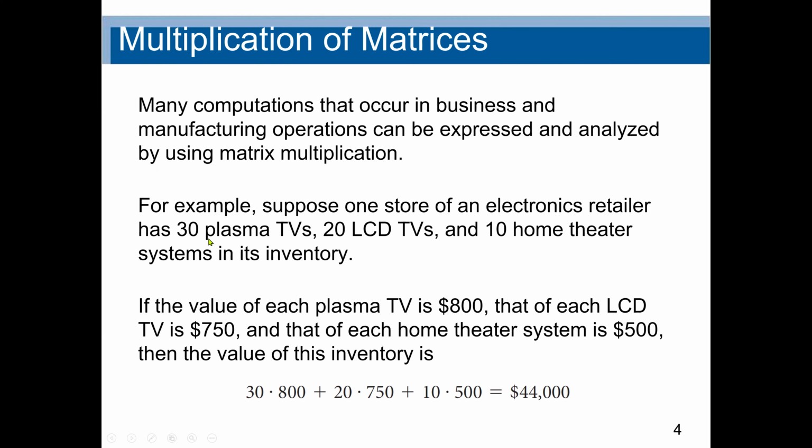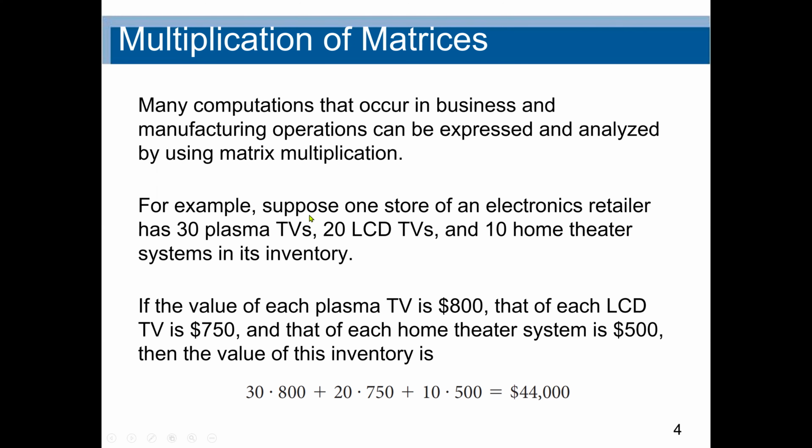And here we say many computations that occur in business and also manufacturing operations can be expressed and analyzed using matrix multiplication, because most of this data will be organized in a tabular form. As we said earlier, a matrix is more or less like a table, organizing data in rows and columns.